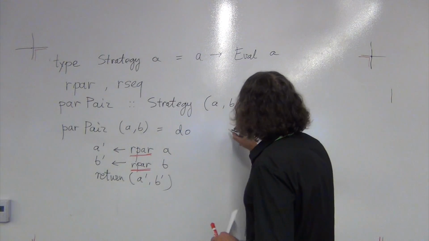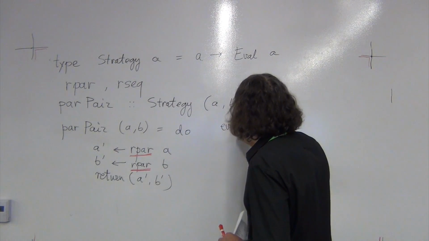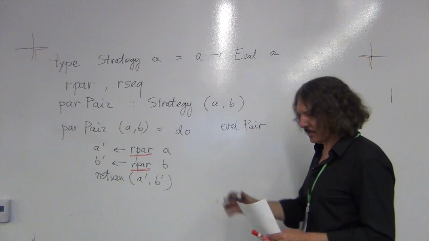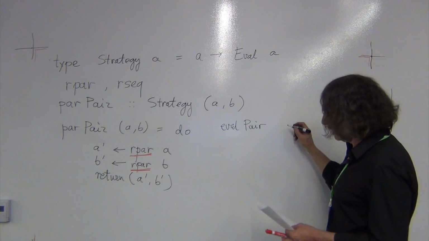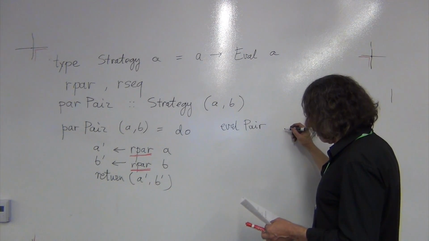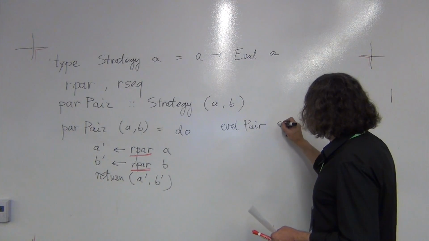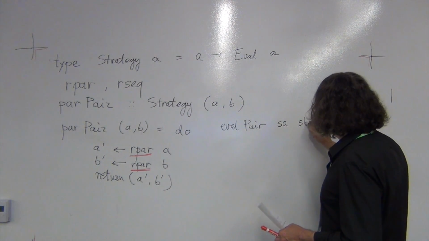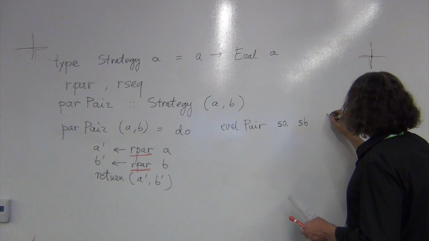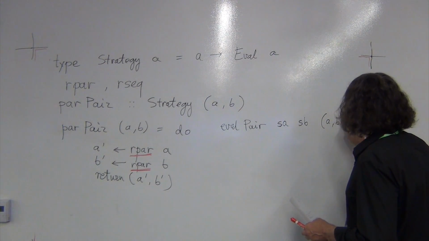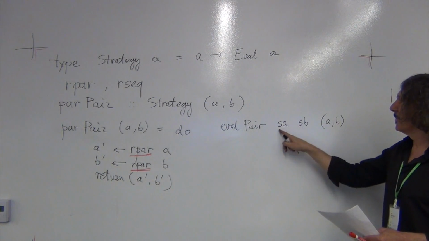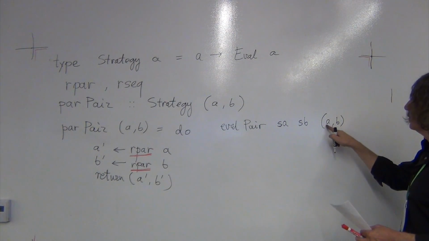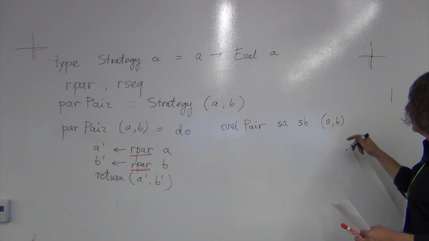And this one is called evalPair. And it's also a strategy, but it takes two strategies. Strategy for evaluating A, strategy for evaluating B, and of course a pair (A, B). So these are the parameters to evalPair. They parameterize how to evaluate A separately and how to evaluate B.